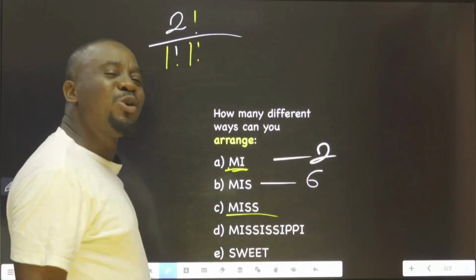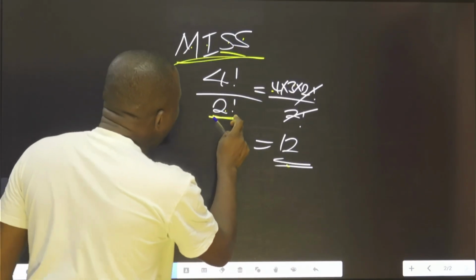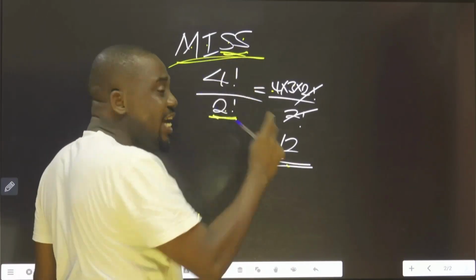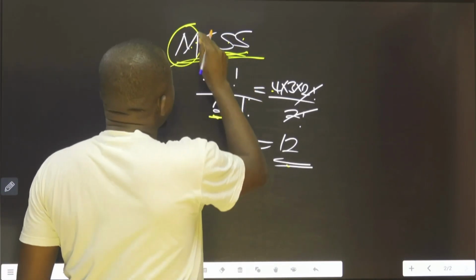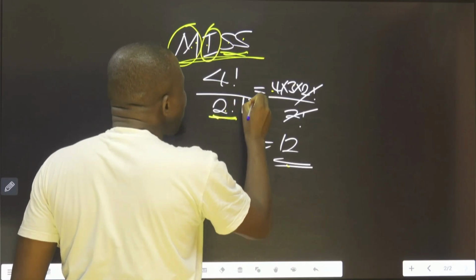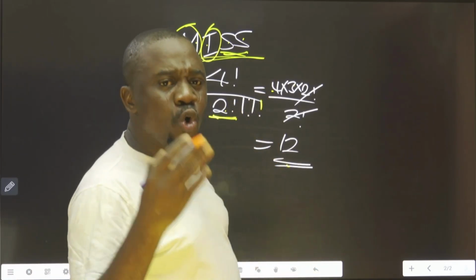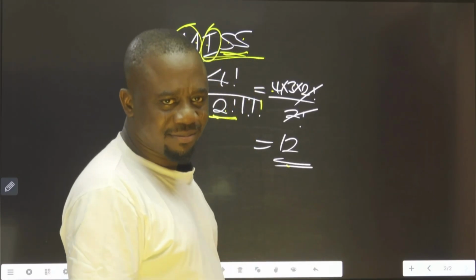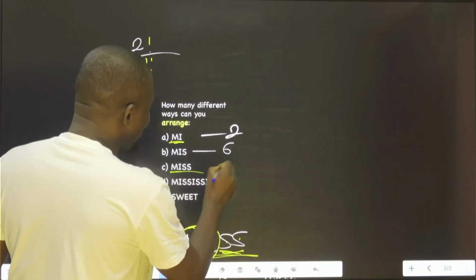That is the reason why we don't waste our time. So if you come back to this place now, although I do 2 factorial for this repetition, even this that appears once is 1 factorial. This that appears once is also 1 factorial. But I don't want to waste my time with 1 factorial because 1 factorial is 1. You get it? Good. So at the end of the day, you're going to have 12 here.